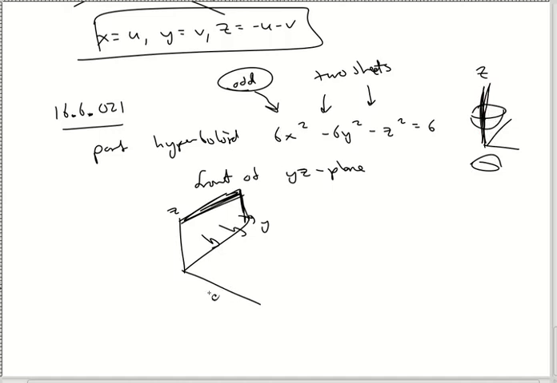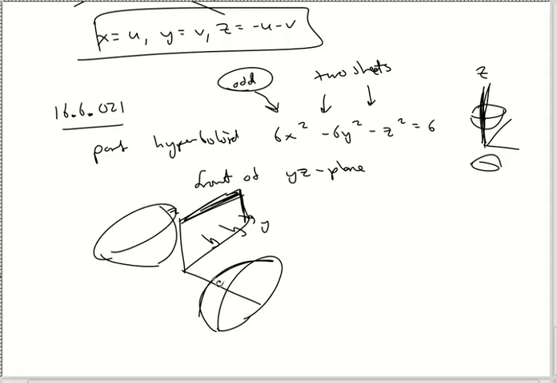Here we got an x. So essentially I have this hyperboloid. It's a hyperbola. And we have another one over here, but they don't really care about that one. They only wanted this guy, in front of the yz plane. If you're wondering, that plane extends out everywhere, so you don't have to wonder if it's only octant 1. It's not like that. It's just this whole entire cup thing, okay?